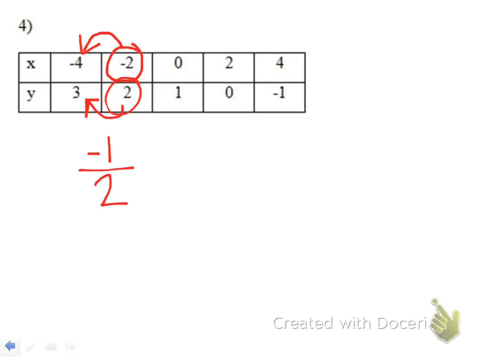Positive 2. So if I get negative 1 over 2 for the rest of these, then I'm in good shape. Okay? What is 1 minus 2? Negative 1. What is 0 minus negative 2? Positive 2. So far, so good, right?